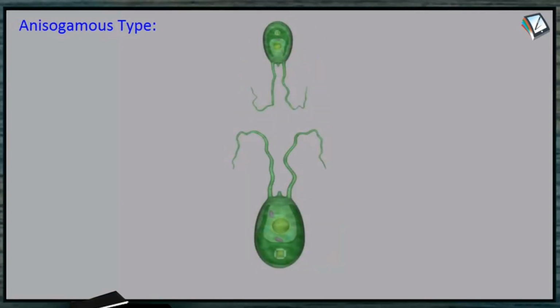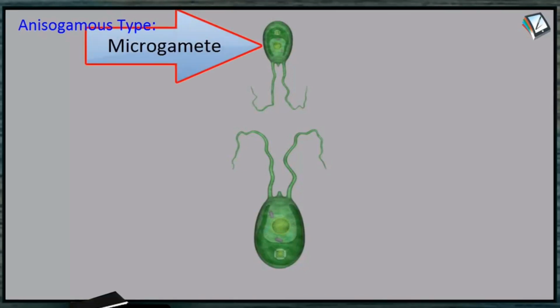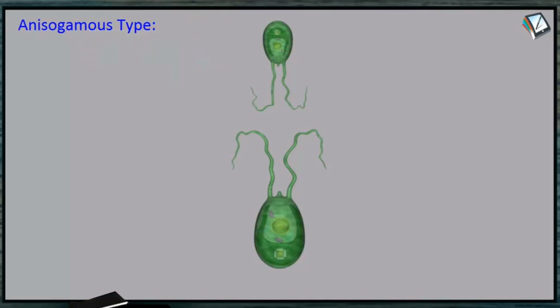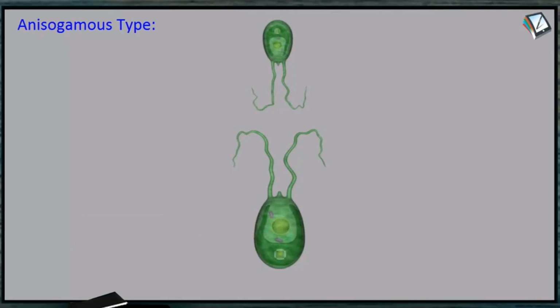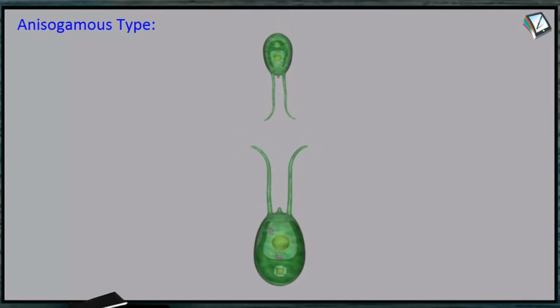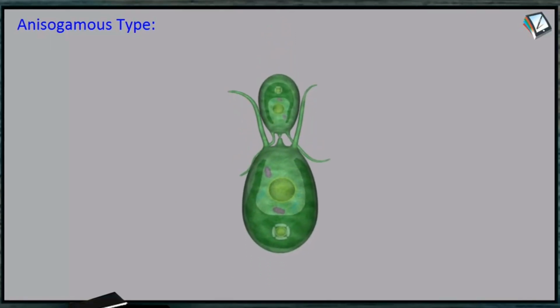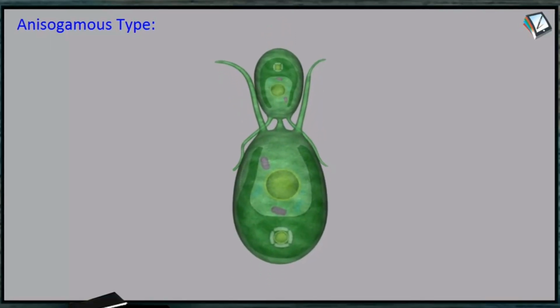Anisogamous type. Here, the participating gametes are not equal in size. Some gametes are small in size. They can be called microgametes, and some gametes produced by another Chlamydomonas cell are large in size and can be called macrogametes. A macrogamete and a microgamete come together, join by their anterior ends, and withdraw their flagella.